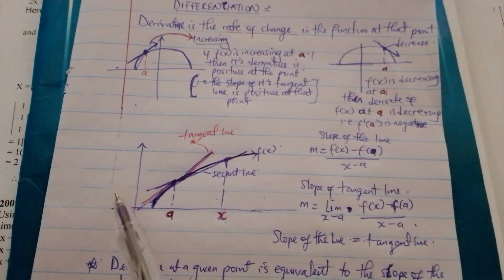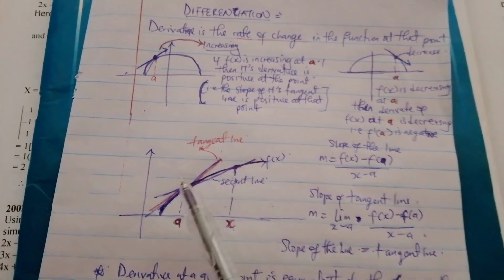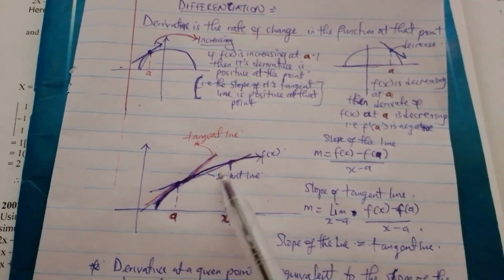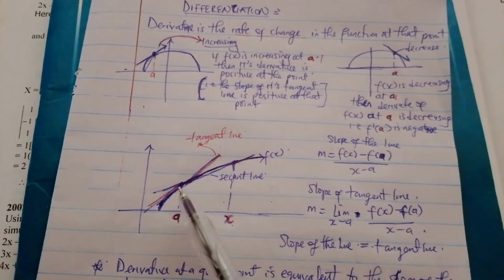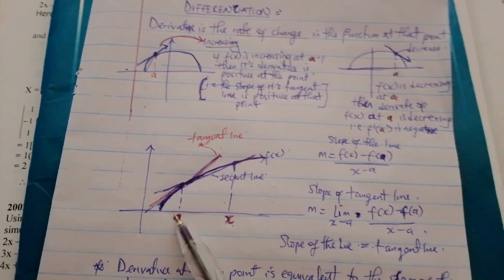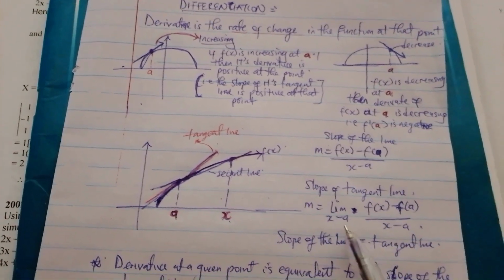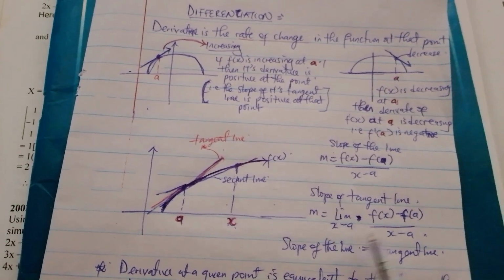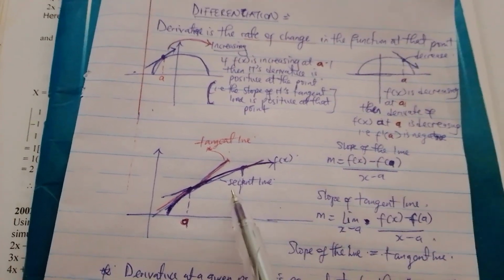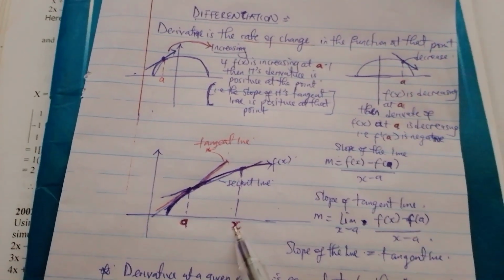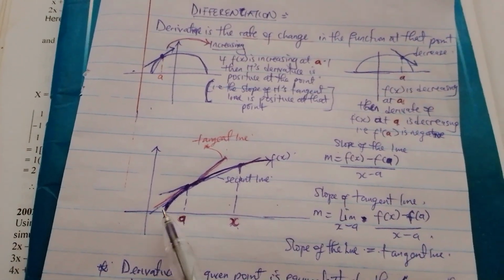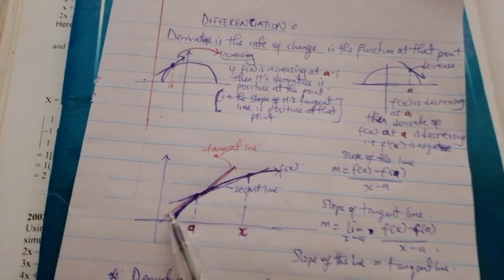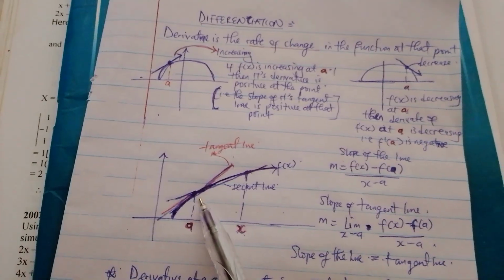The slope of the tangent at a given point, but here we have 2 points. So the slope of the tangent at the given point A should be the limit as x tends to A of this function. What does it mean? That means that as x goes closer and closer to A, then the slope of this tangent at this point is what?